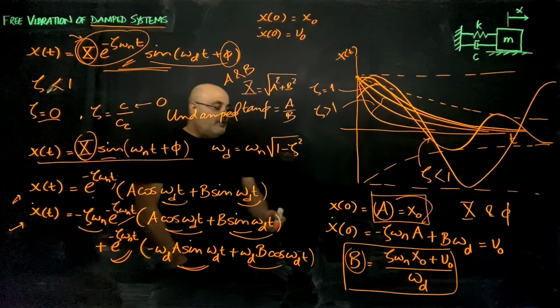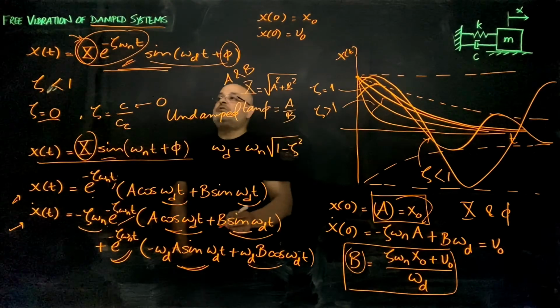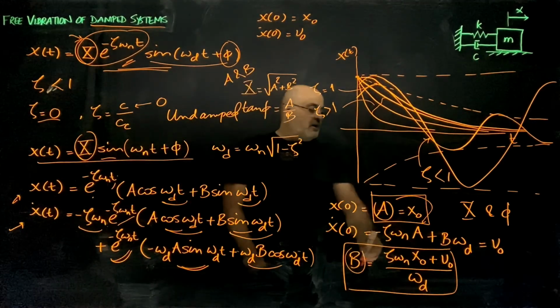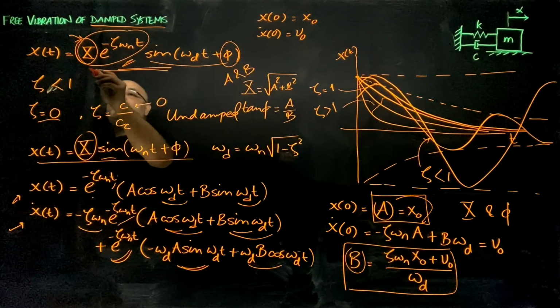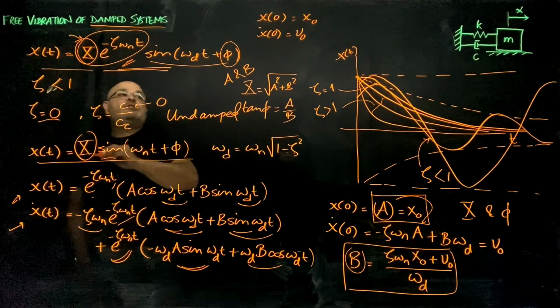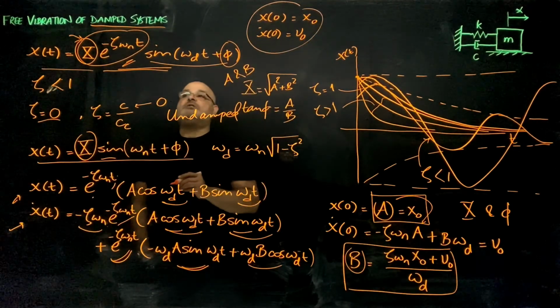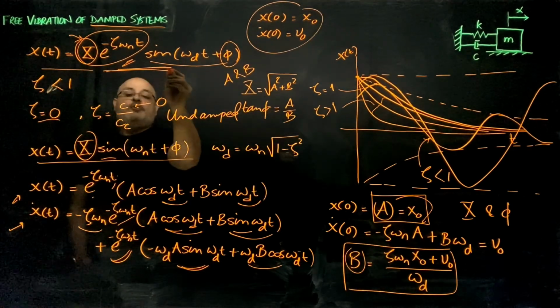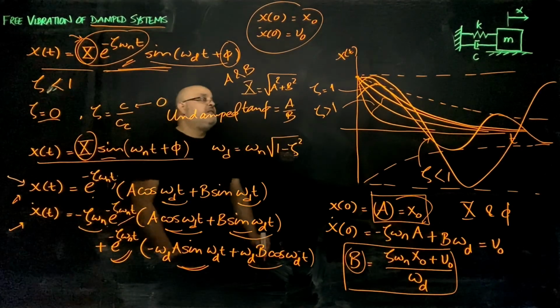So I can use either constants to find the values of the coefficients of the response based on the given initial conditions. So I can use either this form or the form with the sine and cosine terms.